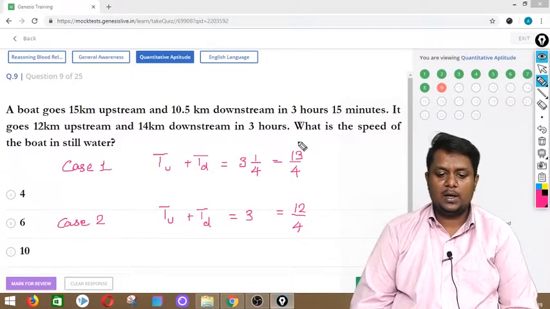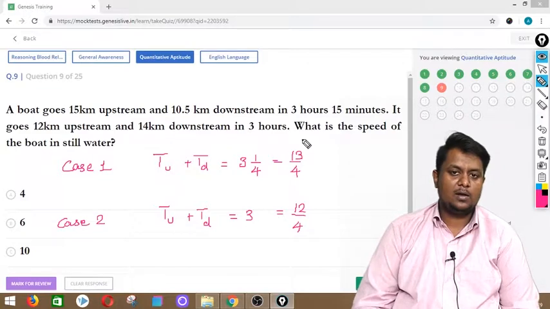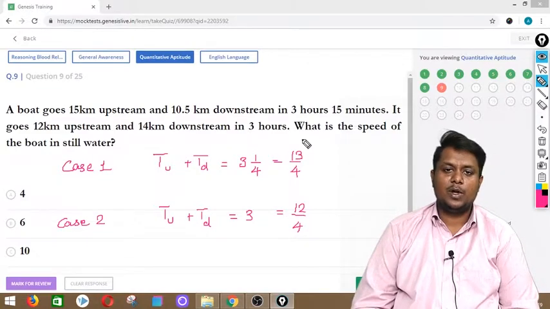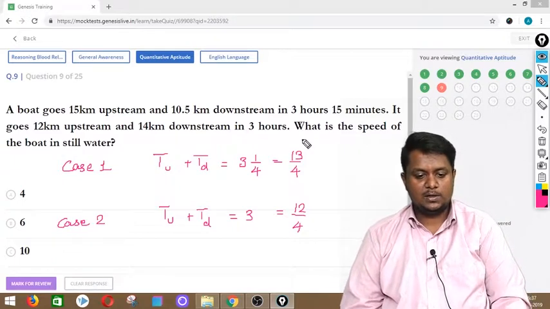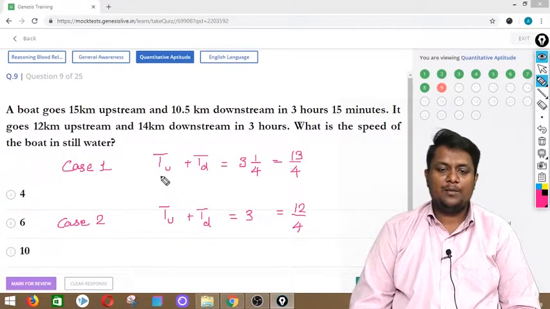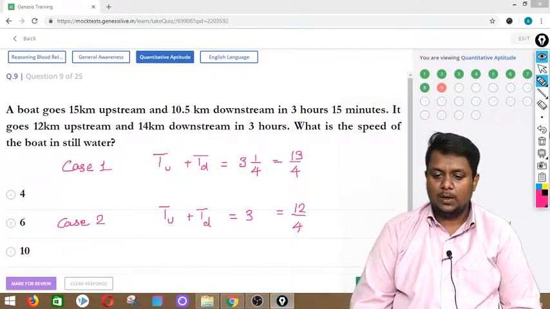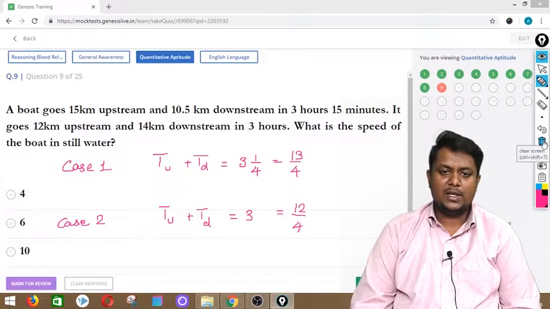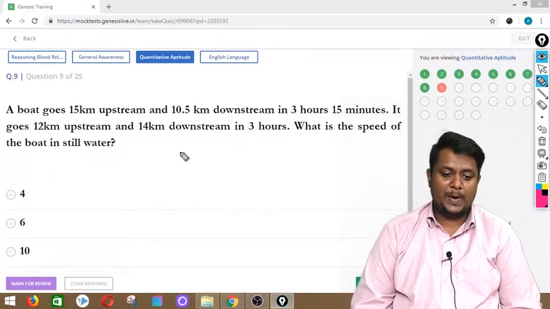Most of the people try to convert into decimal values and then calculate. I would suggest going with fractions, a simpler way of solving the questions in a shorter time. Now, time taken formula is distance by speed. I am going to write these two equations in a completely different way, expanding them.